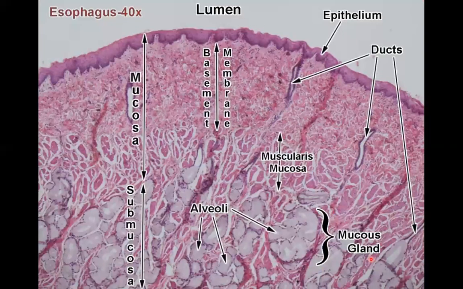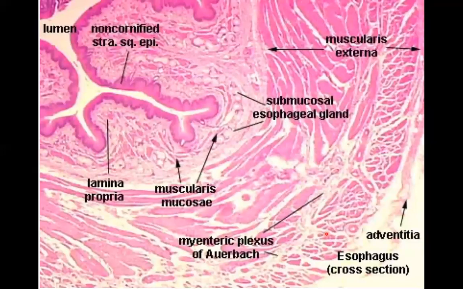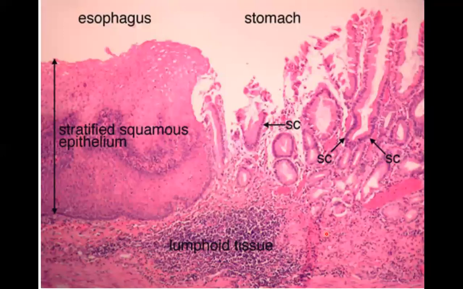These are the layers. This is also another slide, but as you can see here, the esophageal glands proper are very obviously seen. God willing, when the practical slides are uploaded to the classroom, try to see the slides well too.